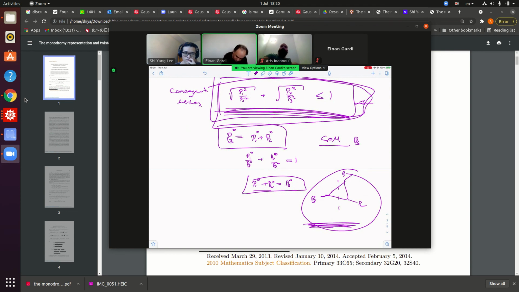It just has to be larger than what this tells you. So assume they're all positive. Then it just has to be such that this would be larger than 1 minus the square root of P1 squared over P3 squared.